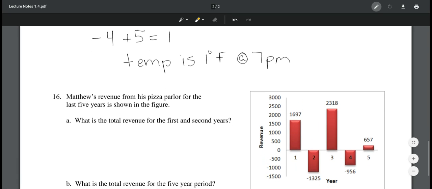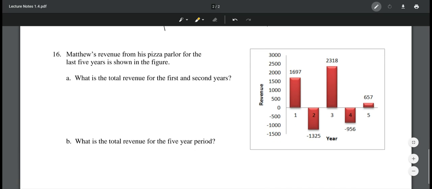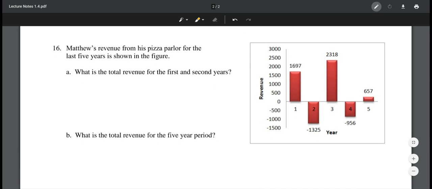Now, in the next example, we are reviewing the chart of Matthew's revenue from his pizza parlor in the last 5 years. And it asks what was the total revenue for the first and the second year. Well, the total revenue the first year was $1,697. In the second year, he didn't do so well.